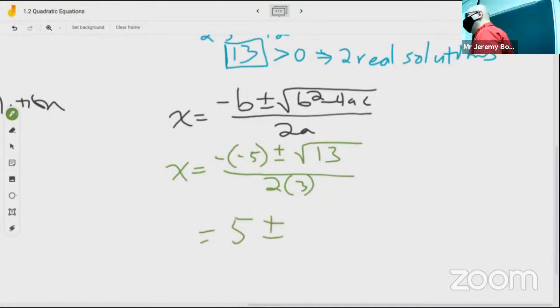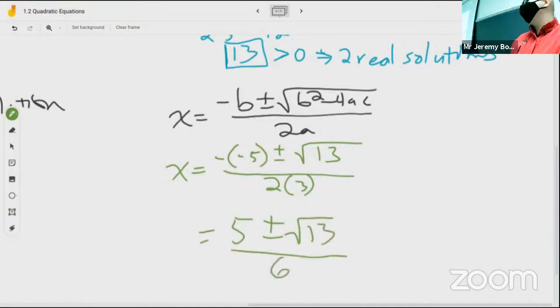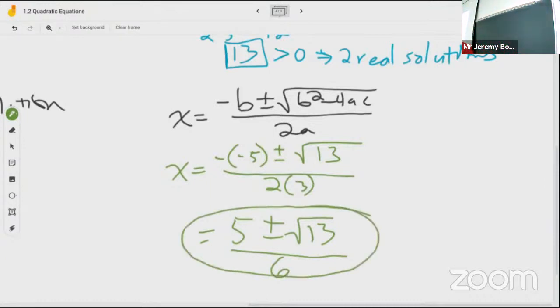Can we take the square root of 13 and get a whole number? No. Can we factor 13 and pull out a whole number? 13 is just 13 times 1. So it's a prime number, can't do anything. So that's just going to stay there. And then we're going to do 2 times 3, which is 6. And that is going to be our 2 solutions.